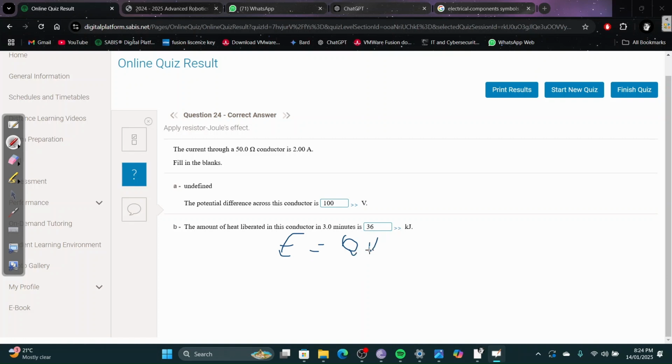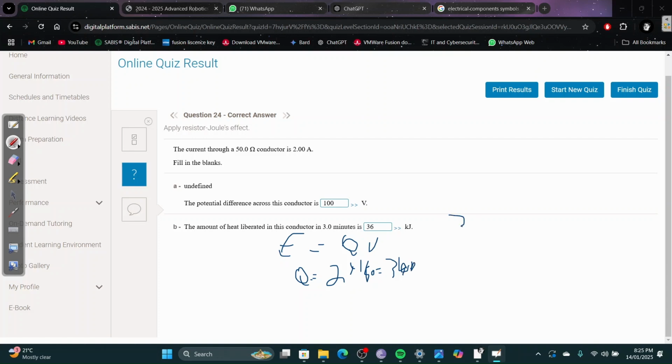Now E equals QV. You have V, you want to find Q. Q is IT. We don't have that. No, wait, what was Q? Q was the charge. Oh, we do have the time. What am I doing? Q equals I times t, which is 2 times 180. This is 360.